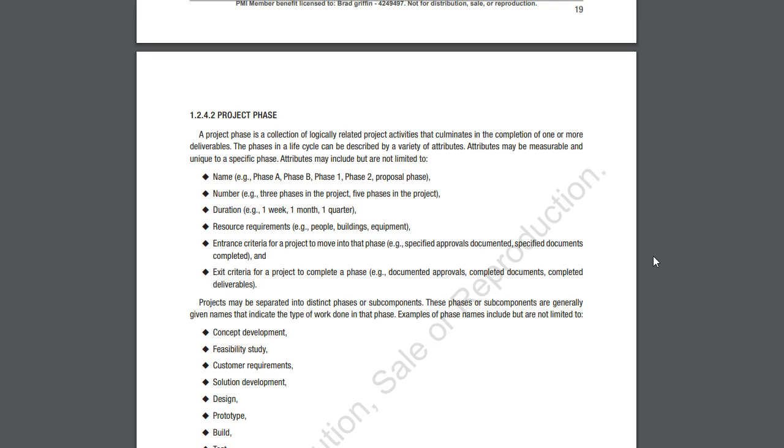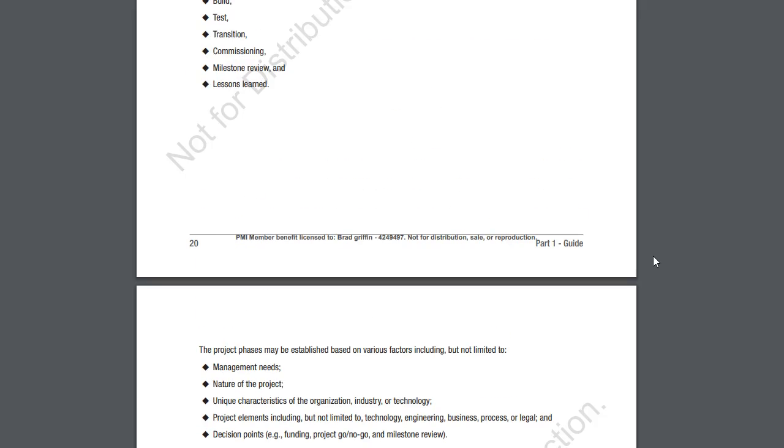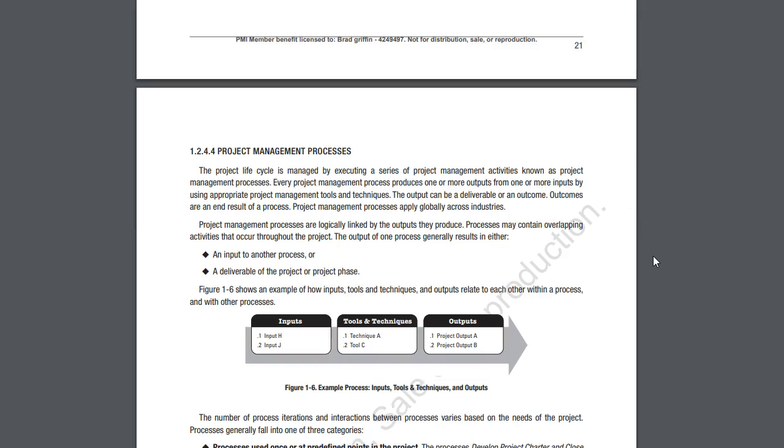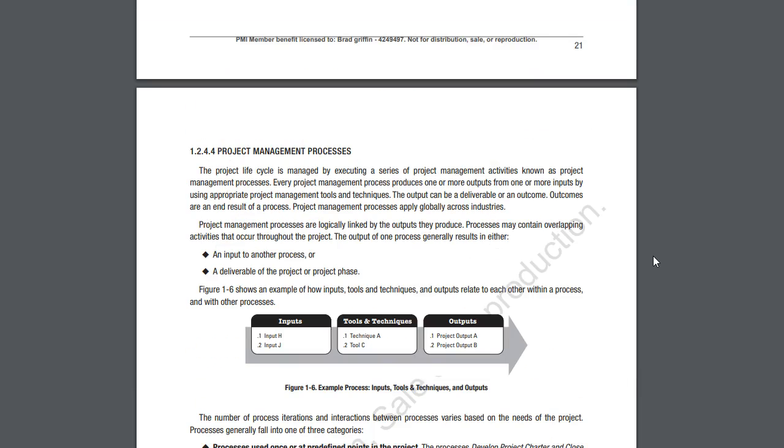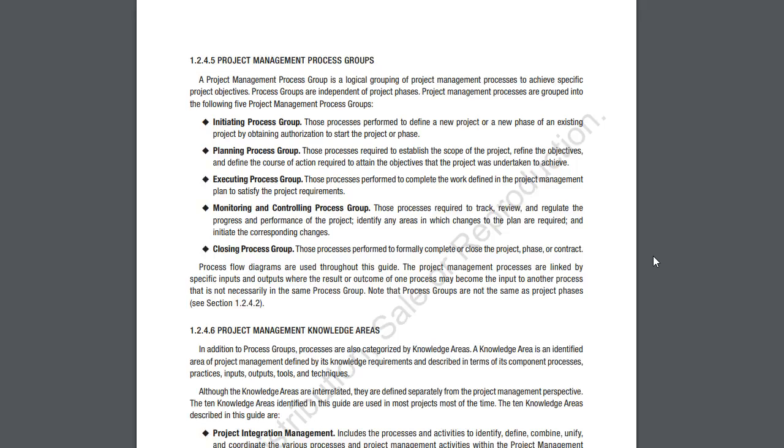So remember that customers can be internal or external at any point on one of these projects. These charts are really nice because they show the inputs and techniques, all flowing from one to the other before we can get into our project.